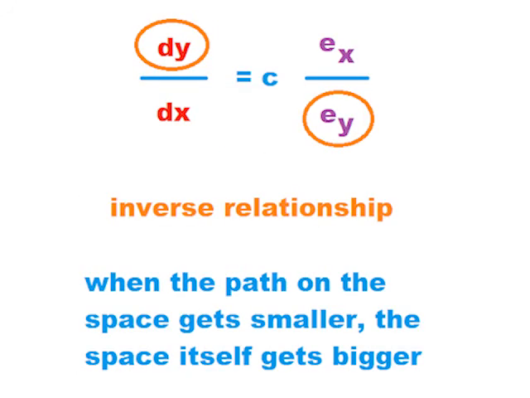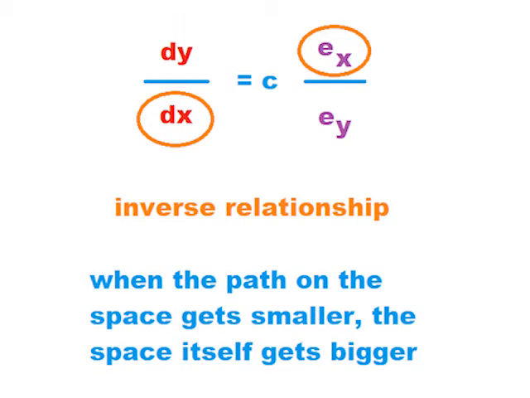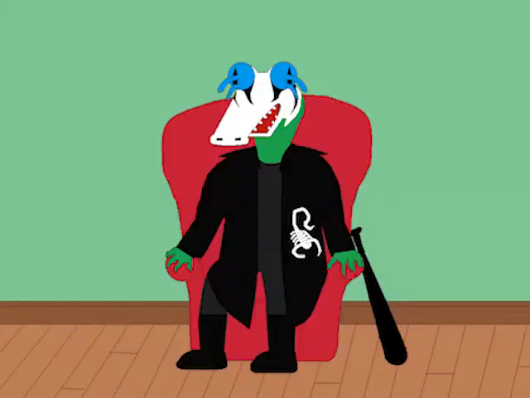It seems to be saying the distance the path crosses vertically is inversely related to the distance the space increases vertically. Also, the distance the path crosses horizontally is inversely related to the distance the space increases horizontally. So when the space to cross in a certain direction expands, the fraction of the space that the path needs to cross contracts.